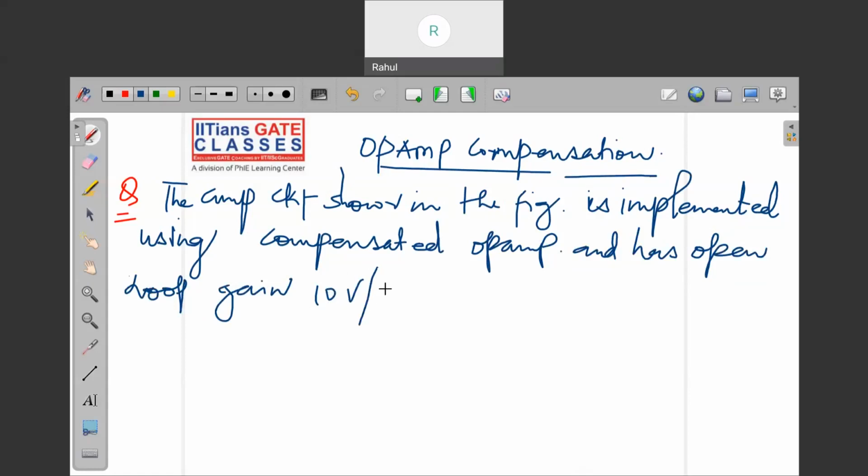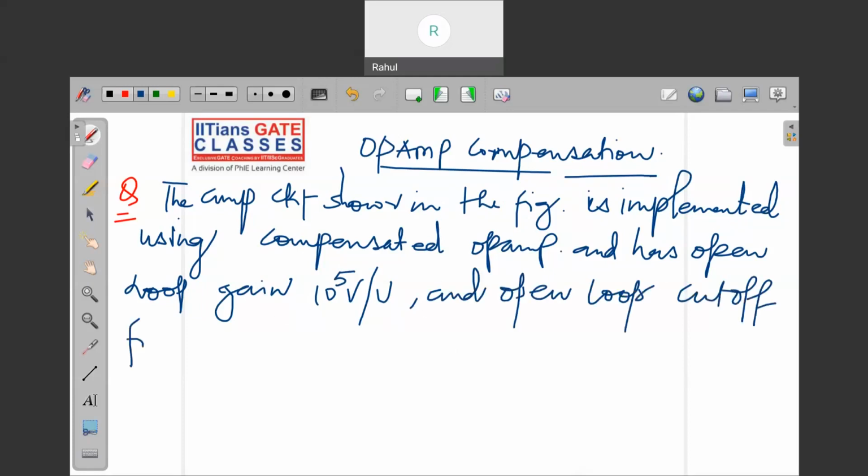High open loop gain. And the open loop cutoff frequency they have given, that is fc equal to 8 hertz.